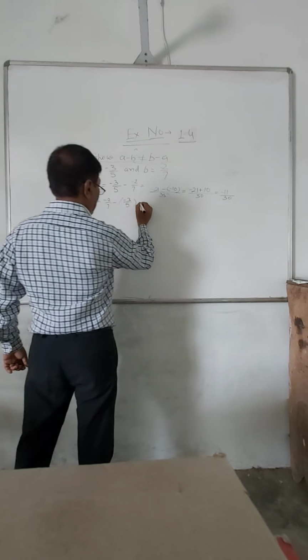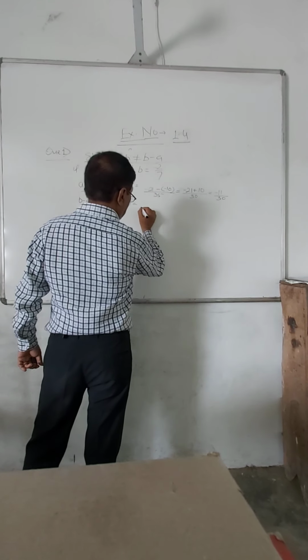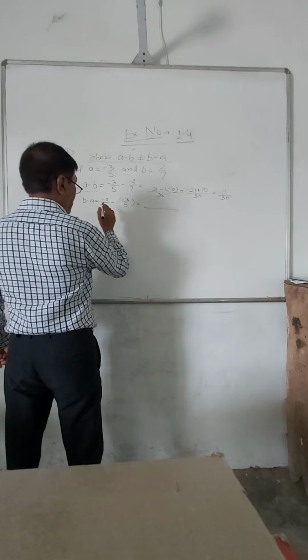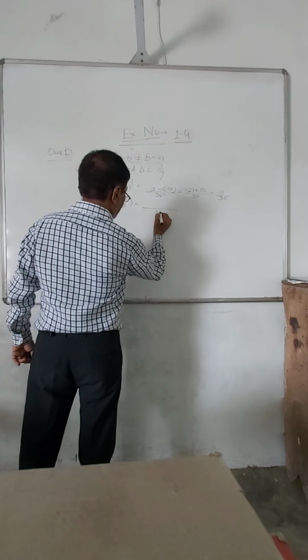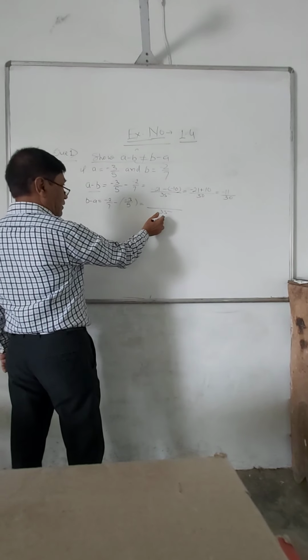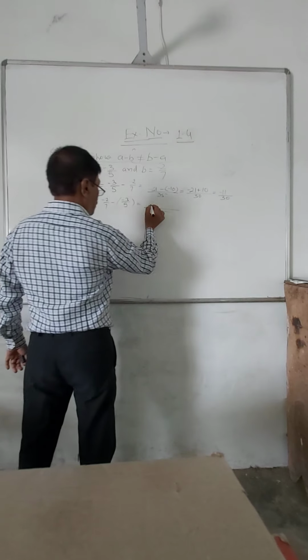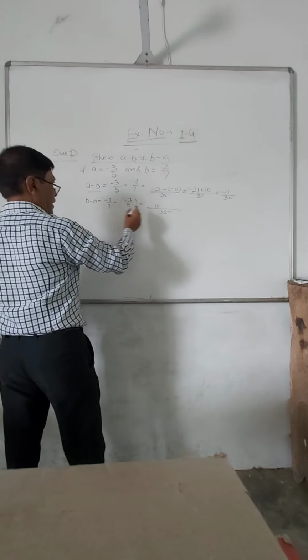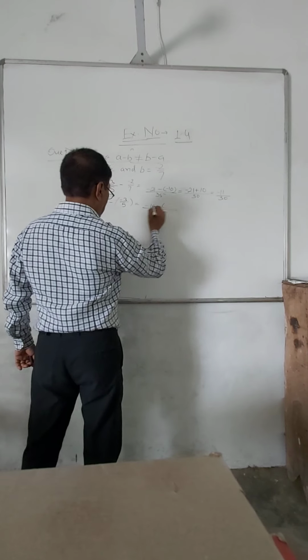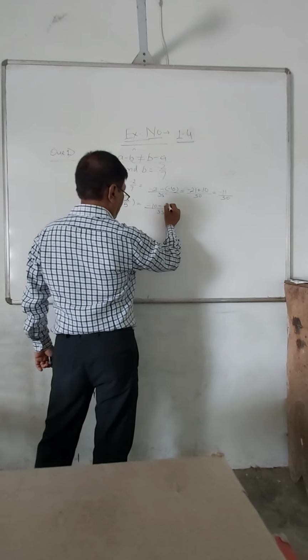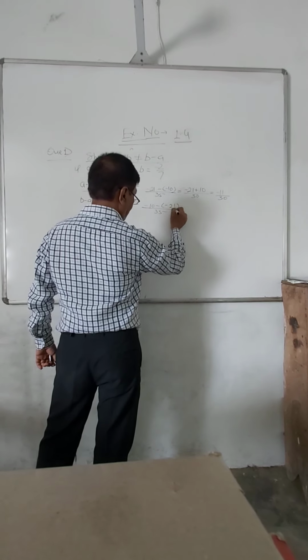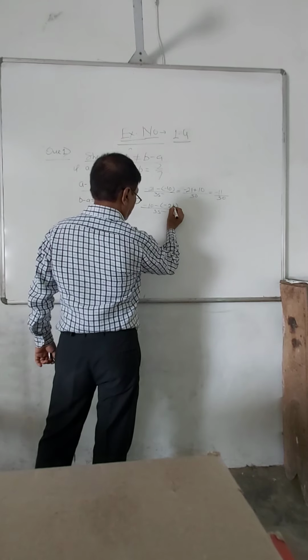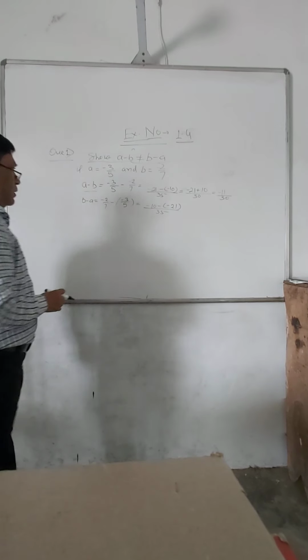So again here take the LCM of these numbers. 7 5s are 35. 5 into minus 2 is minus 10, and 7 into minus 3 is minus 21.